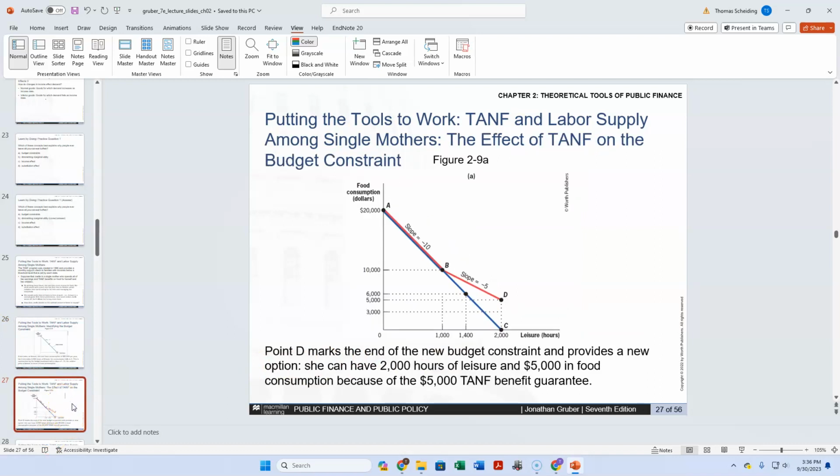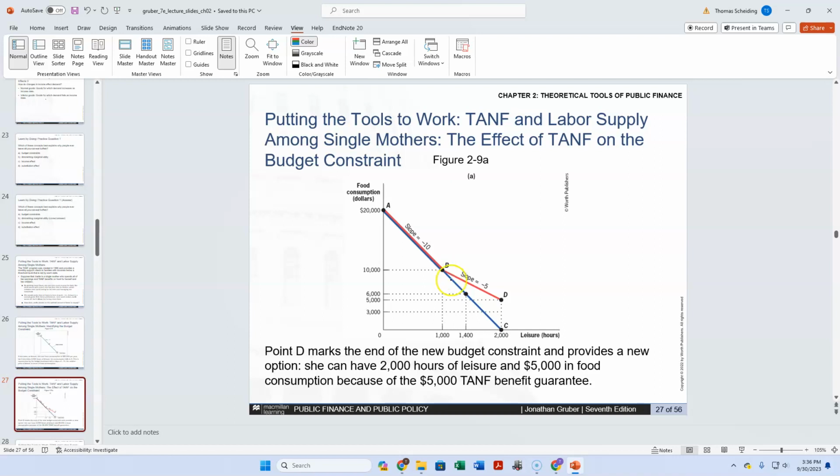Now, again, once we get this TANF guarantee, do you see what happens here to the budget constraint? It now has a pivot in it. Because now once she starts to work a certain amount, once she earns a certain amount of food money, then the TANF benefit would go away.